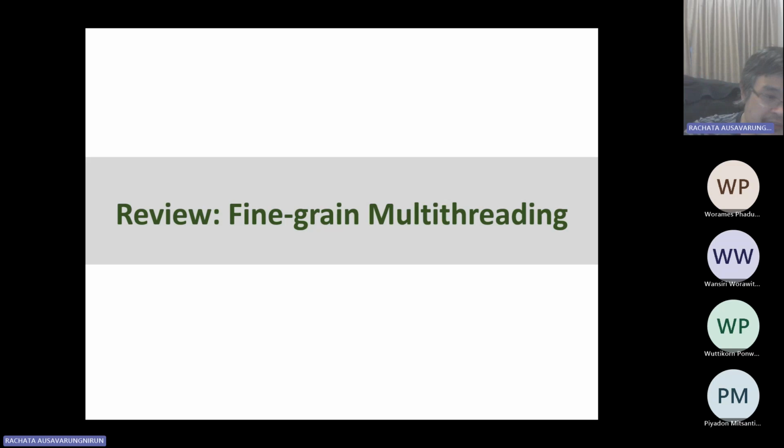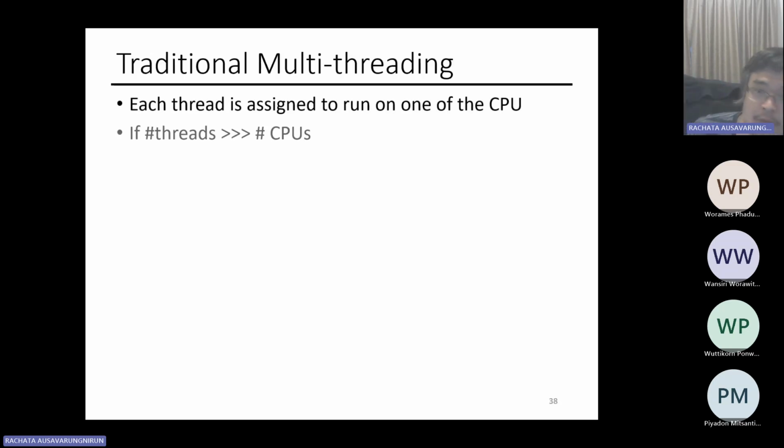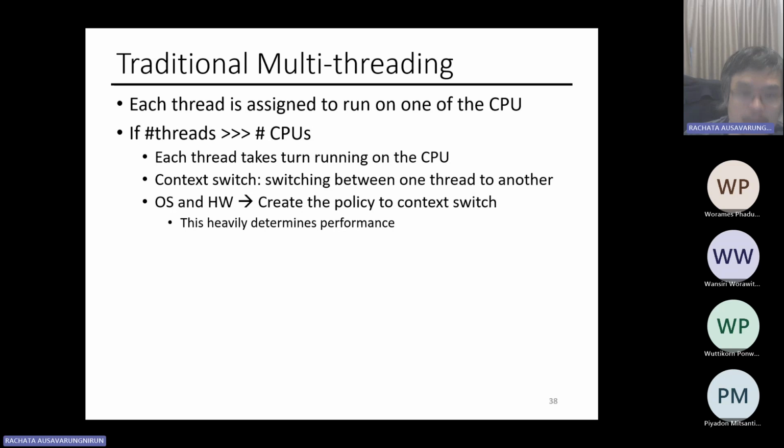And then you also have fine-grained multithreading, which I'll do a quick recap on, right? So in traditional multithreading, you have each thread assigned to one CPU, right? If there are more threads than the number of CPUs, you just take turns, all right? When you're taking turns, you context switch into the CPU and say, hey, I'm running now, right?